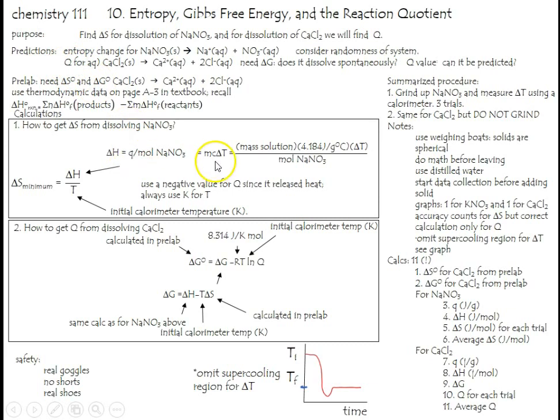The heat evolved is equal to the mass of the solution, note that is both the water and the sodium nitrate that you added, times the specific heat of the solution, and that's very close to simply the value for water, so we'll use the value for water for that, times the change in temperature, and you don't have to bother converting that to Kelvin, or you could, you'll just get the same number.